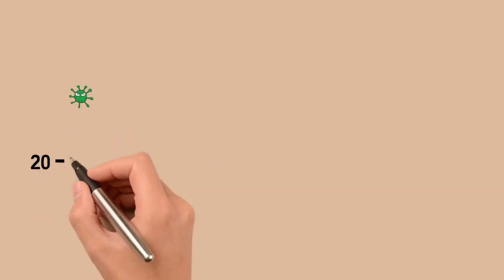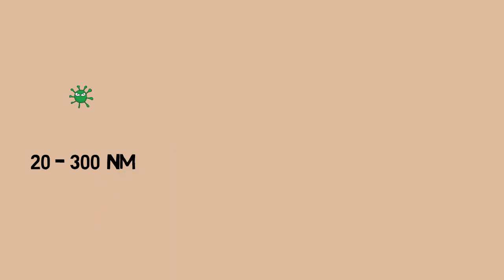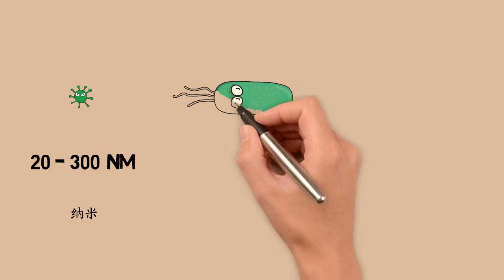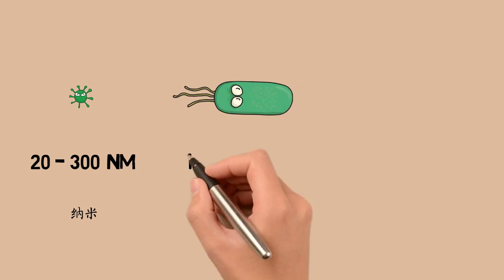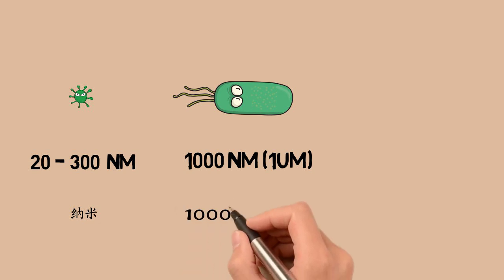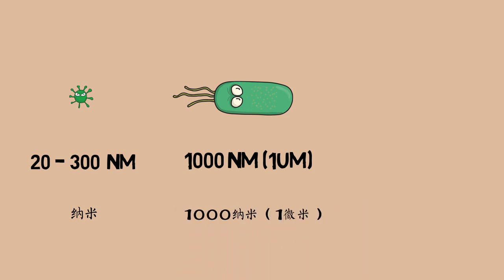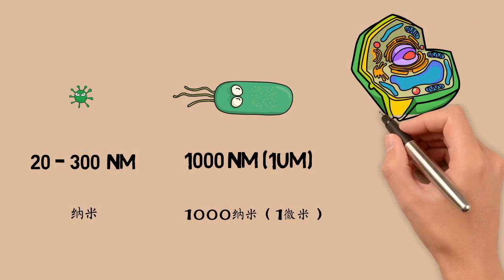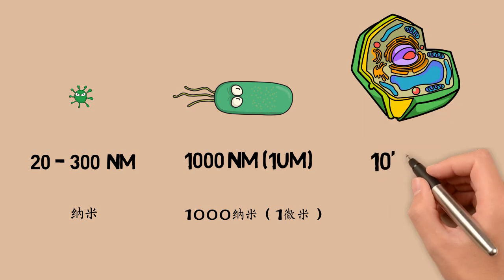In contrast, bacteria are usually about 1000 nanometers, 1 micron, in diameter, and host cells of advanced organisms are usually dozens of microns. Some viruses, such as the Big virus and Pandora virus, are relatively large viruses.